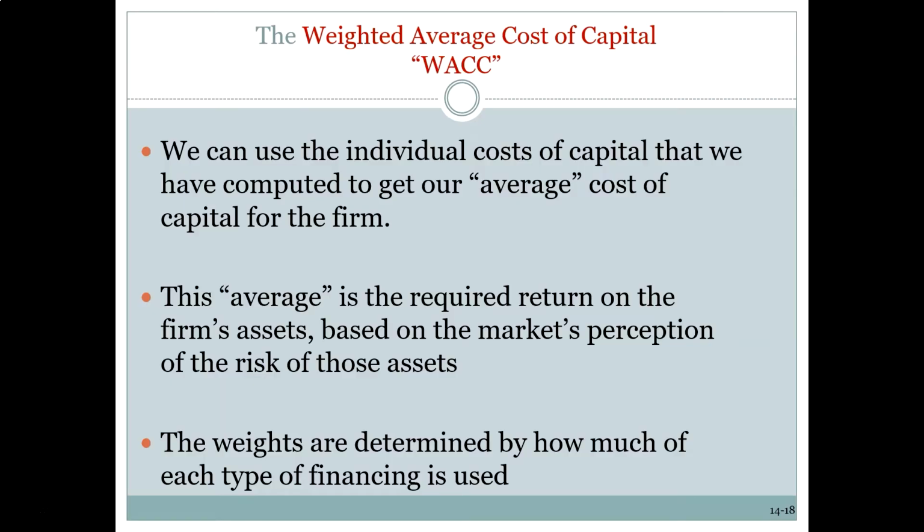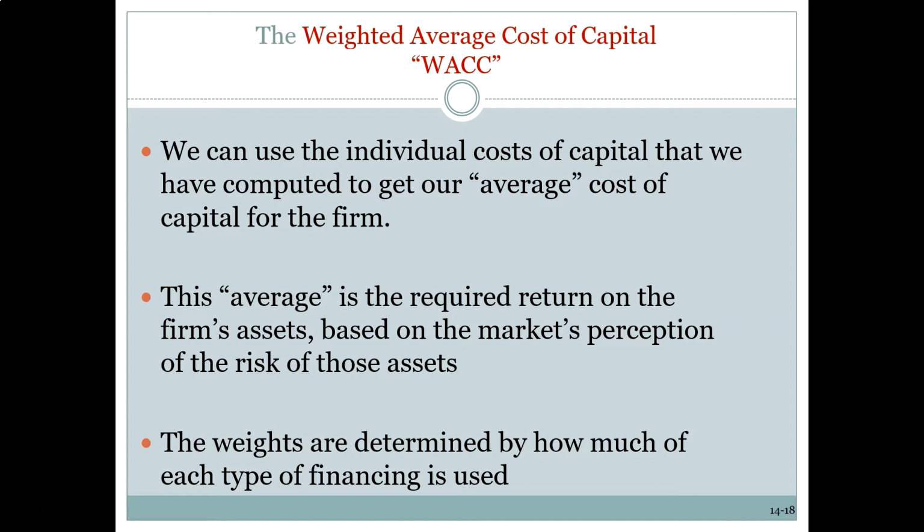And where are we headed with all this? Well, where we're headed is to calculate what's called the weighted average cost of capital, which everybody just calls the WACC. And the WACC is the average cost of all the capital sources for the firm. Right? Particularly, it's the weighted average cost, which means we need to weight the costs by the relative capital structure percentages.